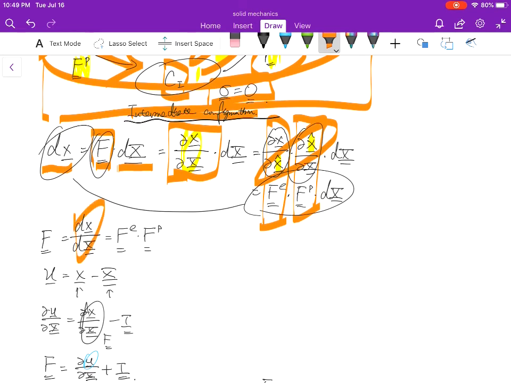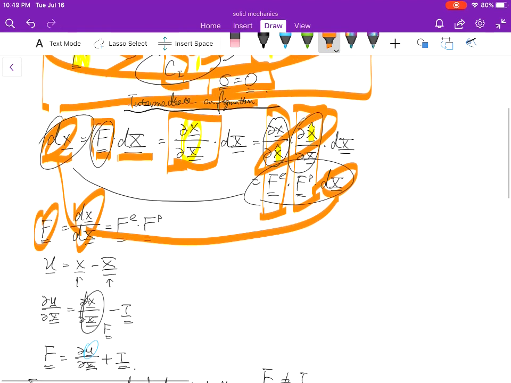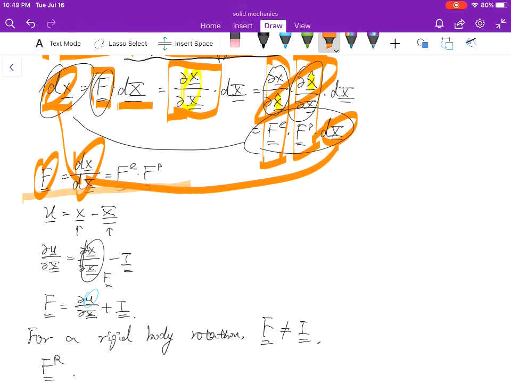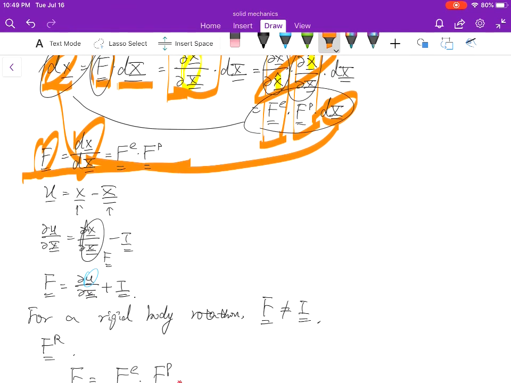And also we recognize that this together is just the deformation gradient tensor. So we get this multiplicative decomposition of the deformation process. Recall that the displacement is equal to the current configuration minus the reference configuration.